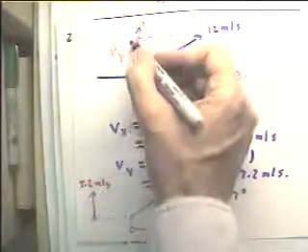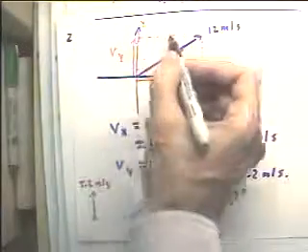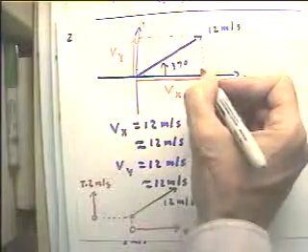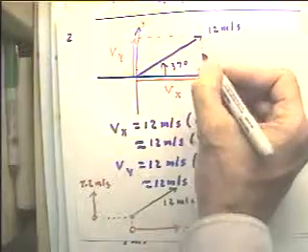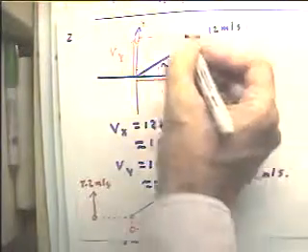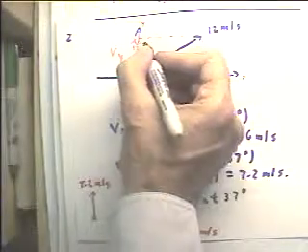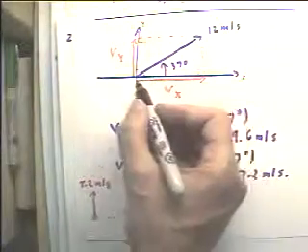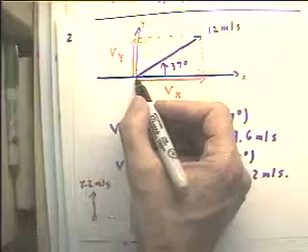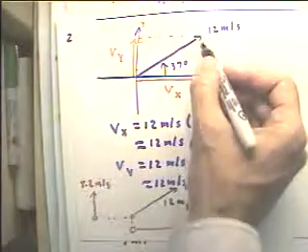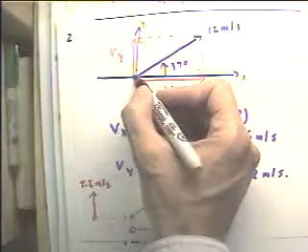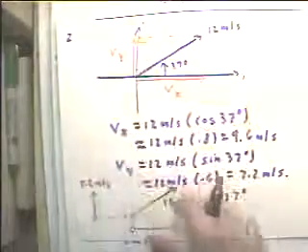And that gives you this vector. Now these lines here we call projection lines. This line projects down to the x-axis at a right angle. This line projects straight across to the y-axis at a right angle. And this vector starts at the y-axis and moves over to the projection point here. This one starts at the x-axis and moves up to the projection point here.